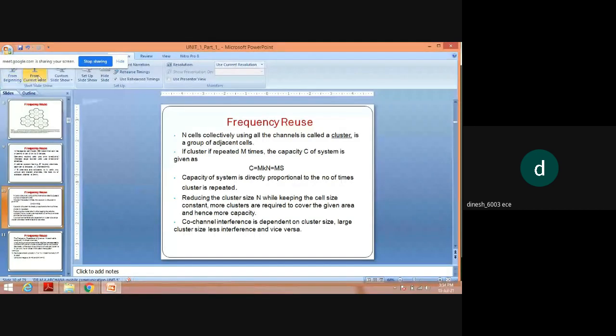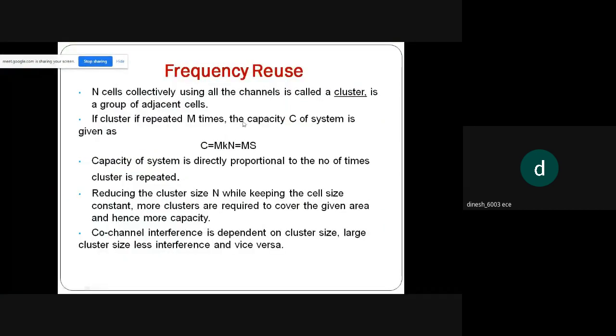Okay. So how do we calculate these clusters, or how do we find the capacity of each and every cluster or cell? If a cluster is present, it depends upon the group size.